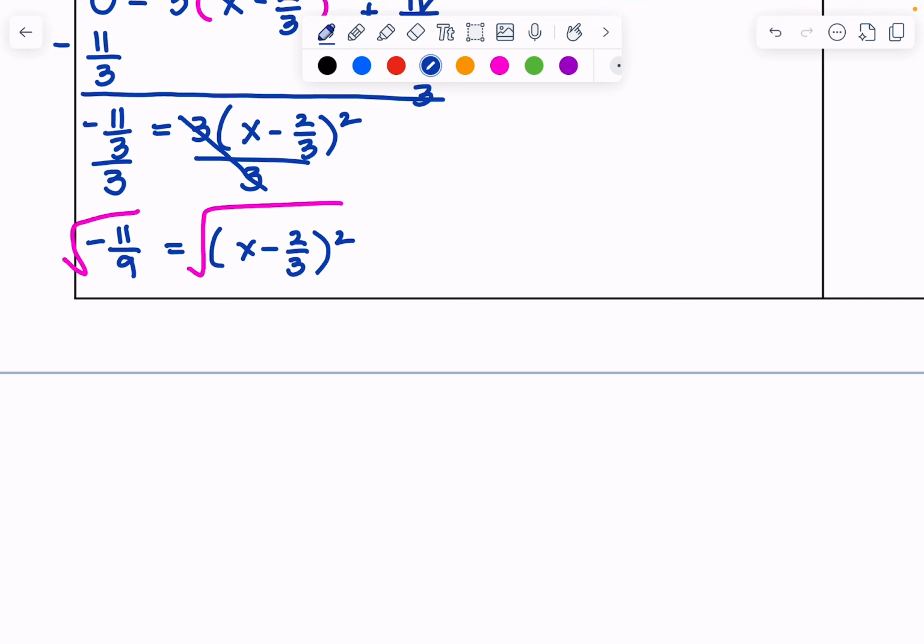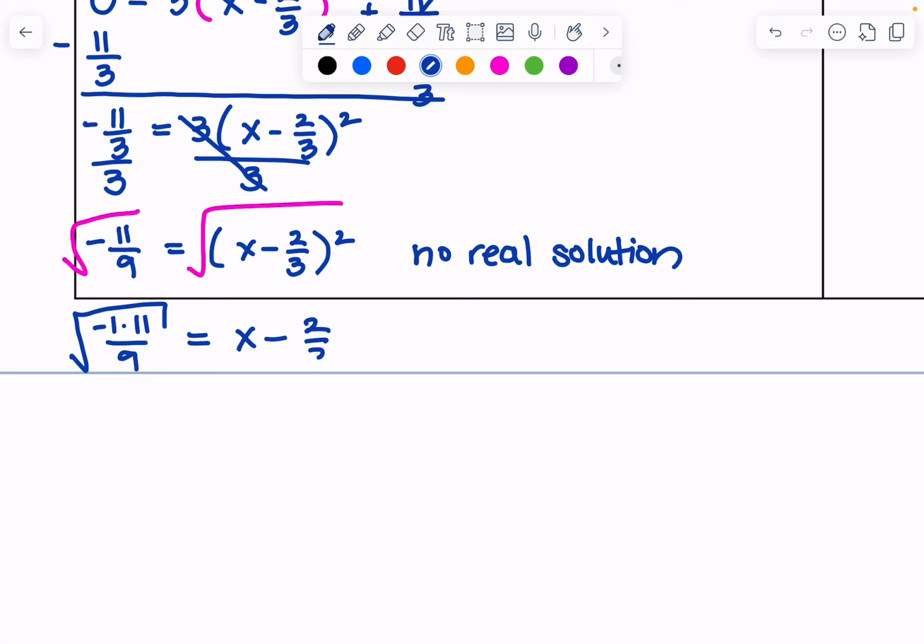And this is where, if you were in Algebra 1, you would stop and say no real solution because you cannot square root a negative. But I'm going to continue on for those in Algebra 2. Okay, so when we square root, we have negative 1 times 11/9. I'm going to be breaking this down, equals x minus 2/3.